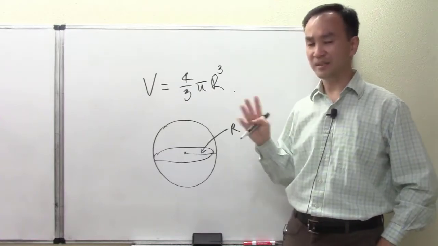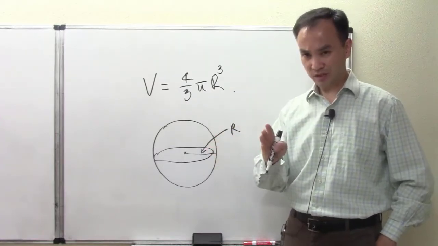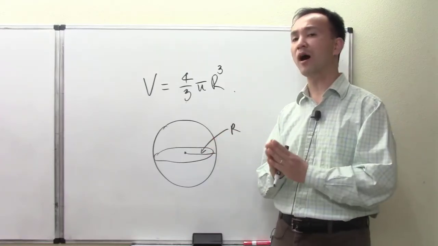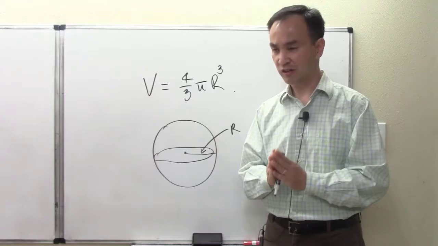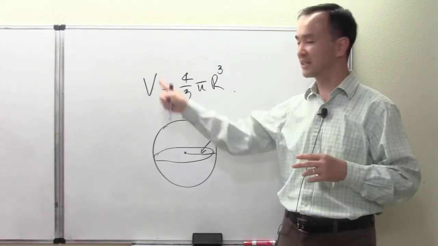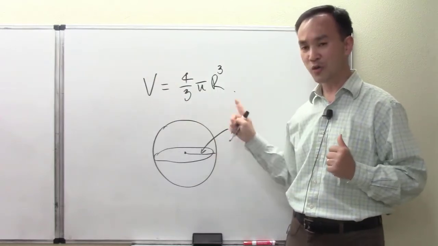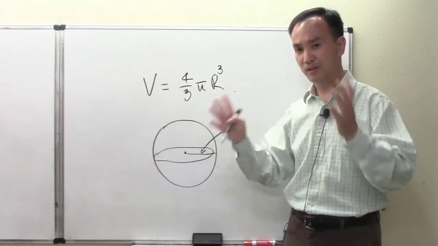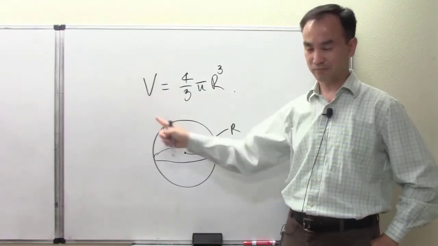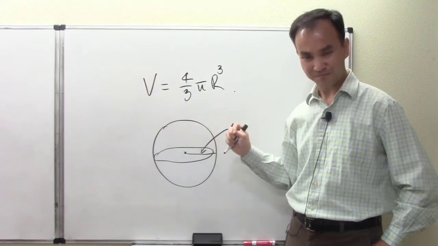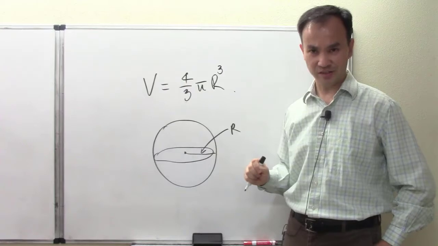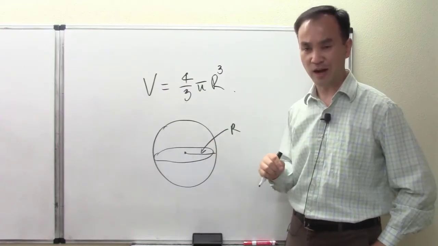As a matter of fact, calculus was a more modern math. Here we particularly want to apply calculus, and particularly the definite integral, and even more particularly the disk method, into proving this. But the method I'm about to show you is the more modern calculus method to prove this formula. It's not the ancient proof, because the ancient mathematicians already proved this formula thousands of years ago, long before calculus came around.